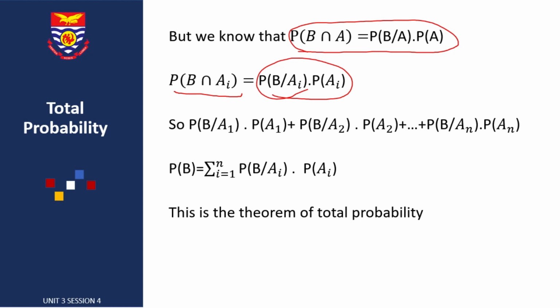This is the same as the probability of B given A1 times the probability of A1, plus the probability of B given A2 times the probability of A2, up to the probability of B given An times the probability of An. Summing everything up, the probability of B equals the summation from i equals 1 to n of the probability of B given Ai times the probability of Ai. This is what we call the theorem of total probability.